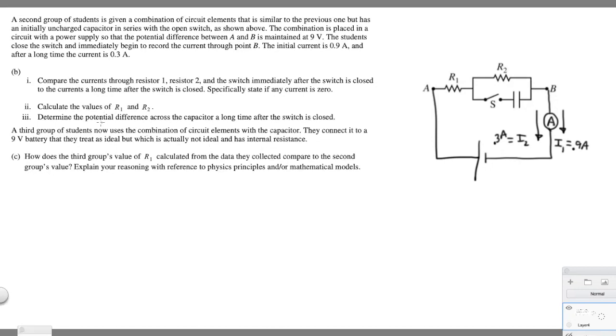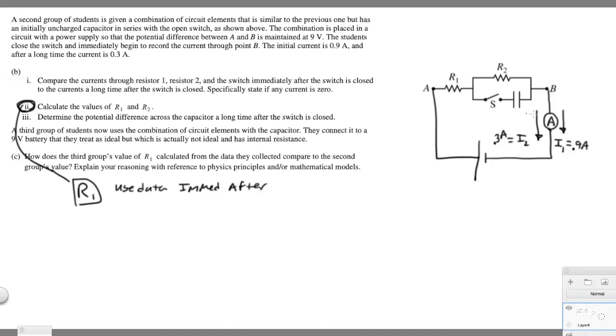Okay, so to find R1, we're going to look at the situation immediately after the switch is closed. We're going to be using this value right here. So finding R1, we're doing this calculation right there. Finding R1, we're going to use data immediately after switch closes.